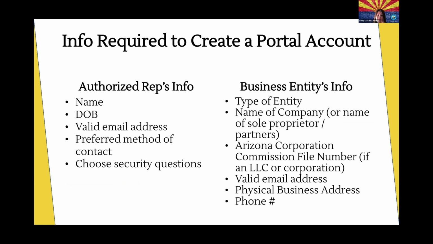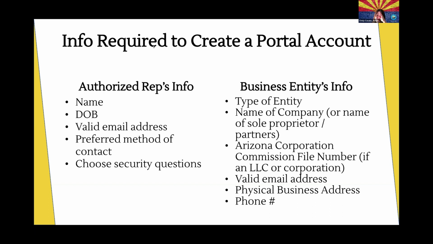Valid email address. Make sure that it is an email address that is checked regularly. Of course, check those spam or promotion folders just in case one of our emails gets hung up there. Provide us with your preferred method of contact. And then, of course, as you set up your username and password, you'll need to select some security questions.